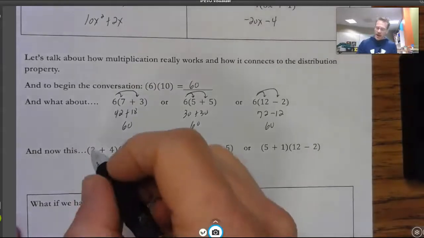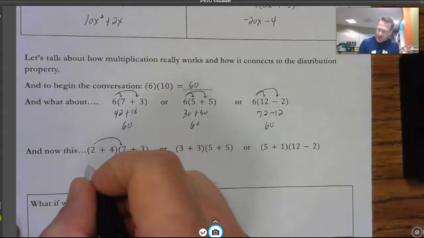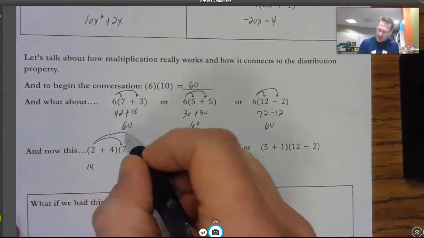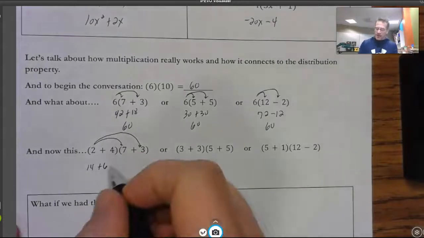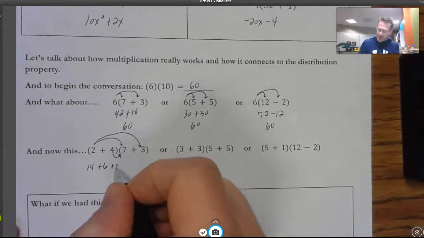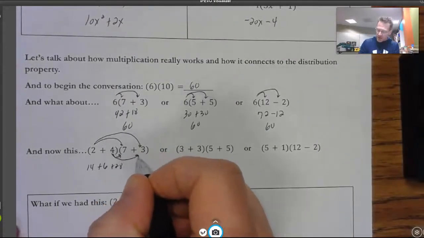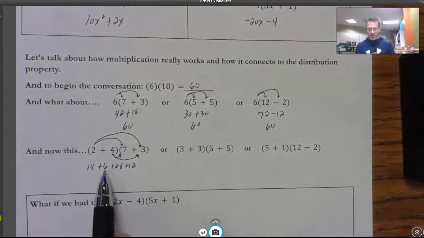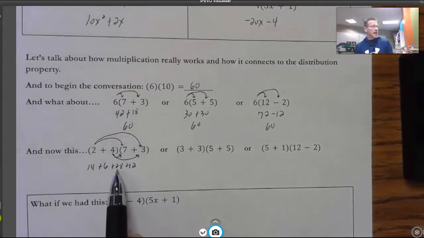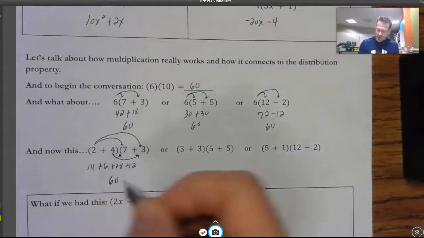So watch what happens. I have to do 2 times 7, that's 14, and 2 times 3, that's 6. Then I have to come back and do 4 times 7, which is 28, and 4 times 3, which is 12. So I get 14 plus 6, which is 20, plus 28, which is 48, plus another 12, which is 60.